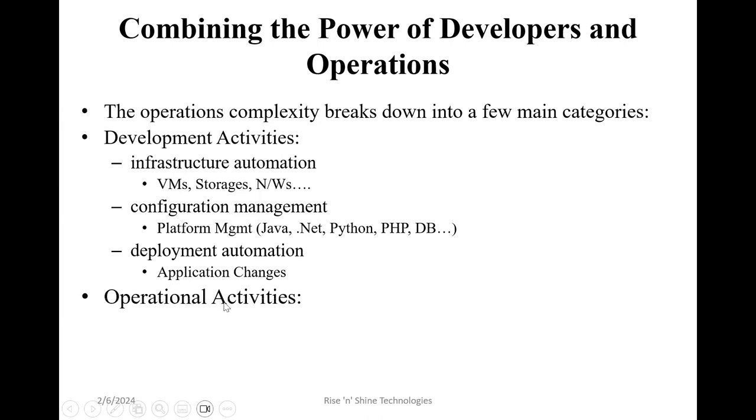And operational activities. Yes, as a DevOps, operational activities. What are the operational activities we are going to do? Managing all these servers, monitoring them. And if there are any issues, using the logs, checking where it failed, and troubleshooting activities.